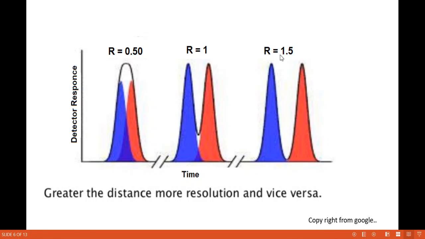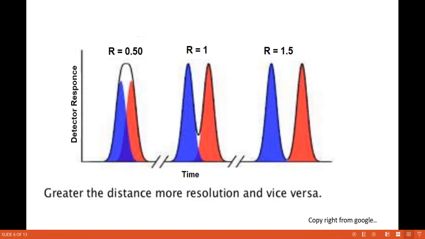And if the RS is 1.5, then we are getting two separate peaks and the separation is observed. That means greater the distance, more is the resolution, or vice versa. More is the resolution, greater the distance in between the two peaks. Okay.